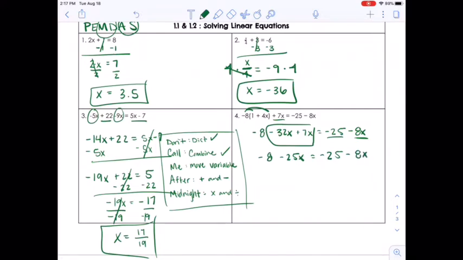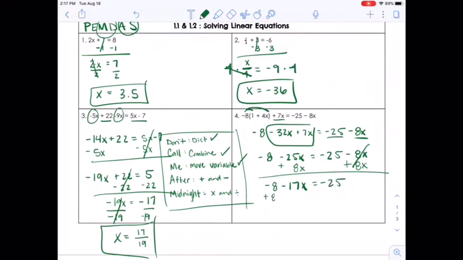So now it's time to move the smallest variable. So I'm going to take my negative 8x and I'm going to undo it. I'm going to add it to the other side. So I end up with negative 8. And we're going to combine those. So it'll be negative 25 plus 8 equals a negative 17x equals negative 25.